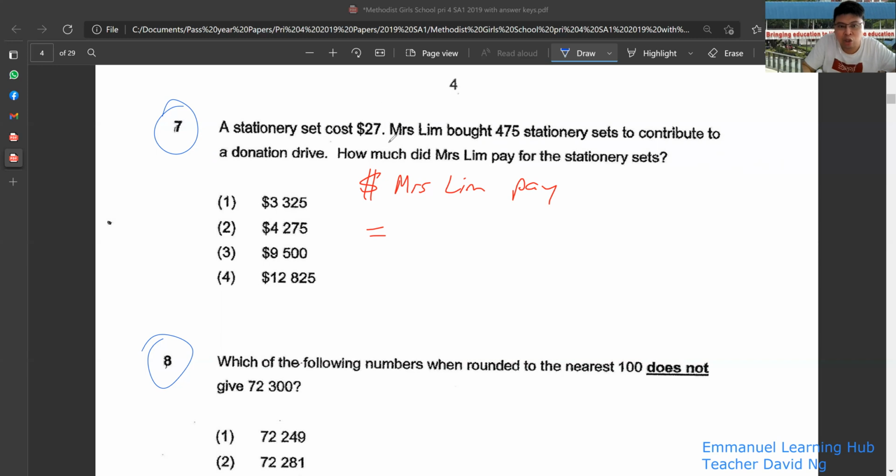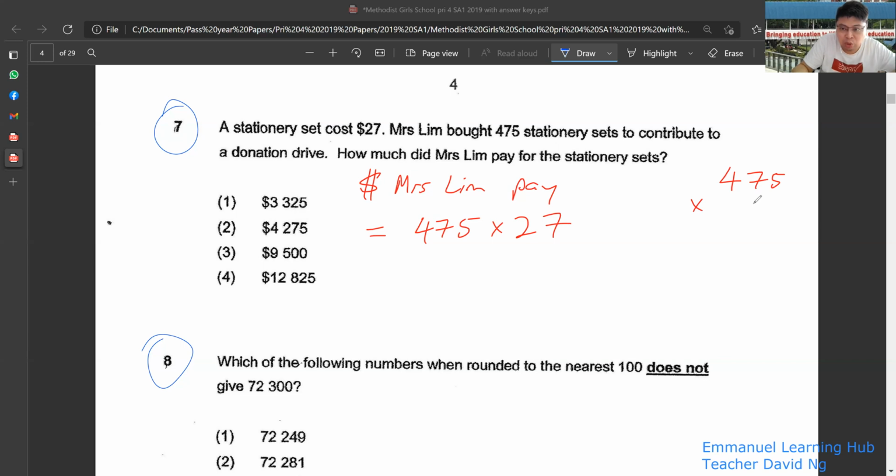Each stationery set costs $27. She bought 475 stationery sets. So 475 times 27. Precisely. Do you understand why it is 475 times 27? Yeah.